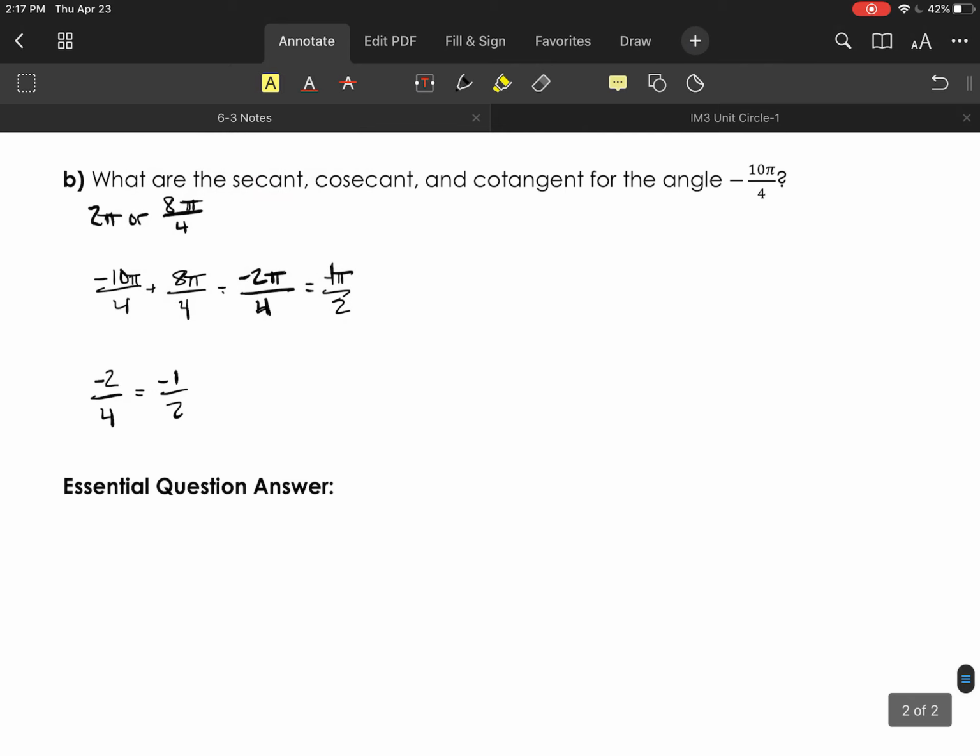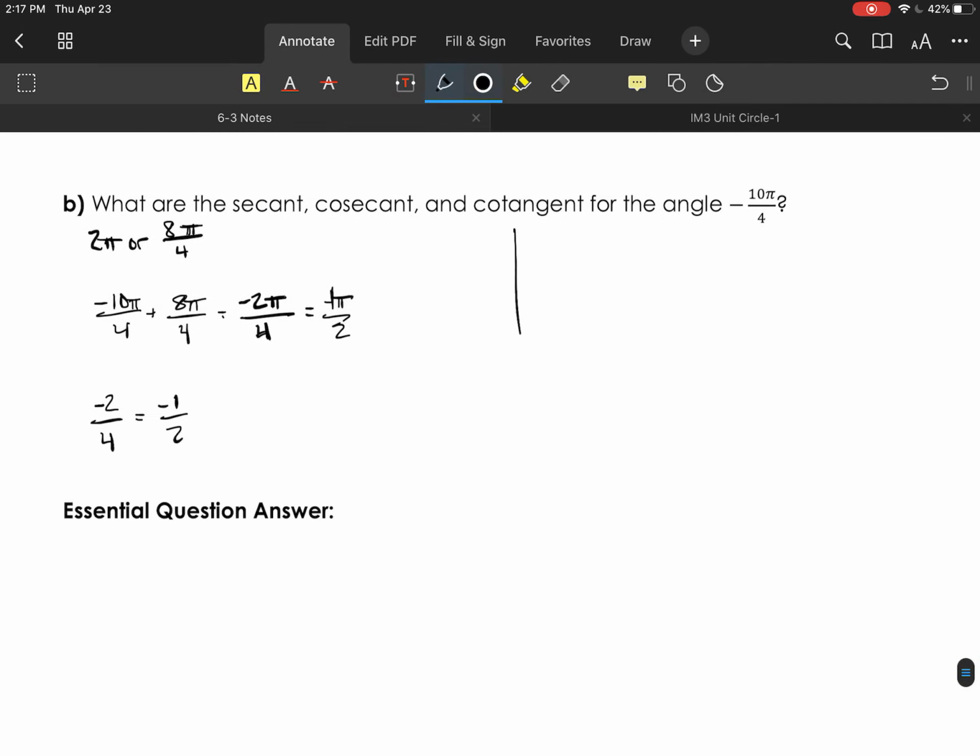So I'm going to draw that. You'll notice this is actually on the coordinate plane itself, which makes it different than what we've done before. So my angle actually looks like this.